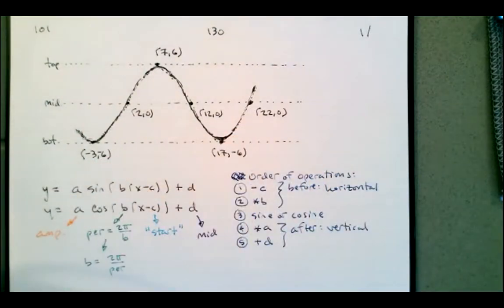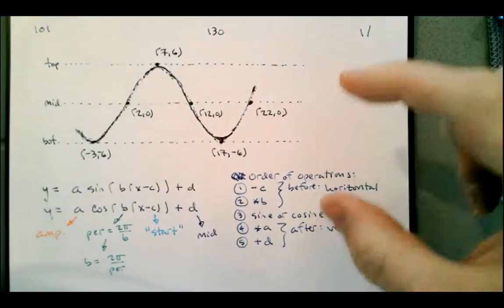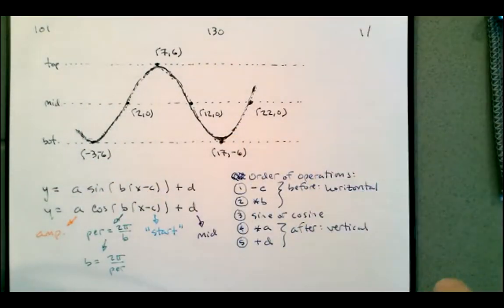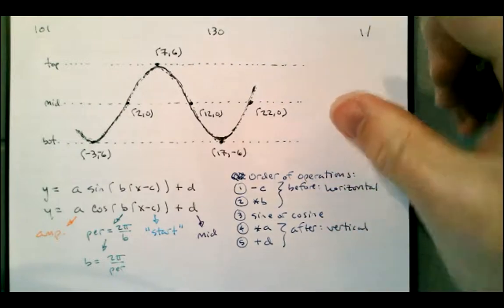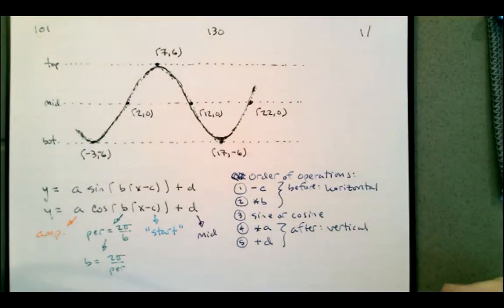And if we add 2 after, it's going to shift everything up. So plus 2 should make us think positive, and the positive horizontal direction is to the right. But if we add 2 before the trig function, it moves everything to the left. The way you could think about it is that 2 is the new 0. We got to think about what makes the x minus c equal to 0 for our start.